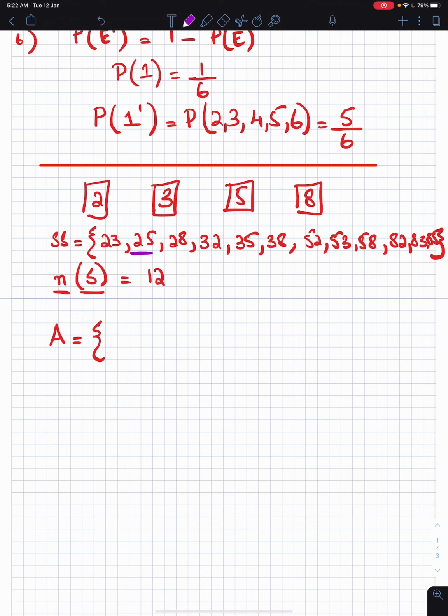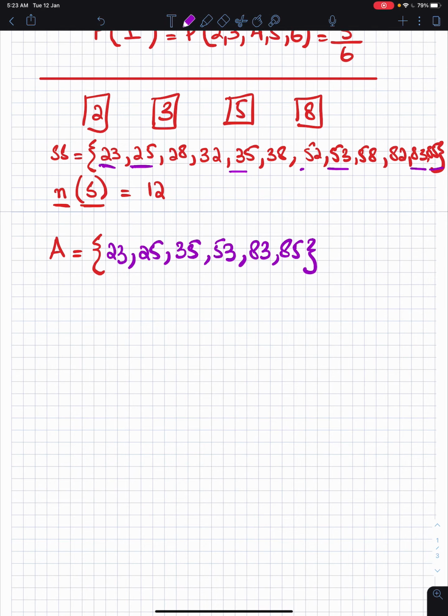So there are 6 of them: 23, 25, 35, 53, 83 and 85. So these are all the odd numbers that can be formed.